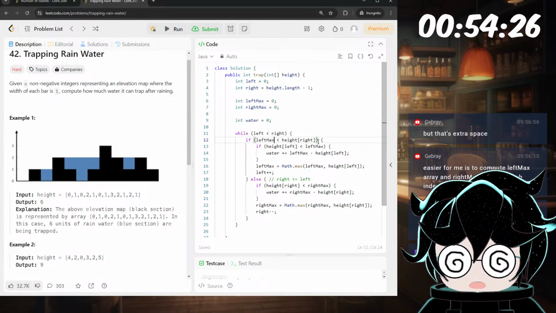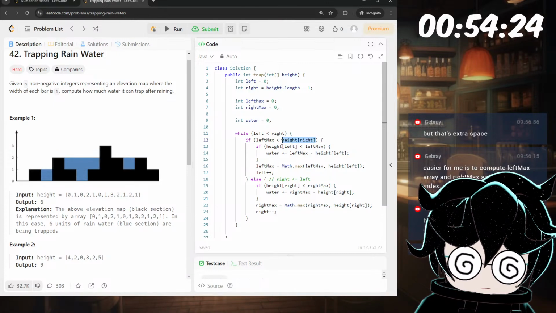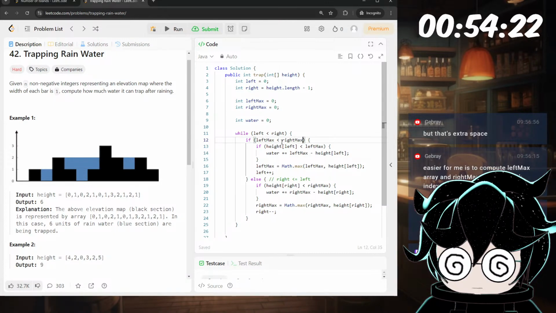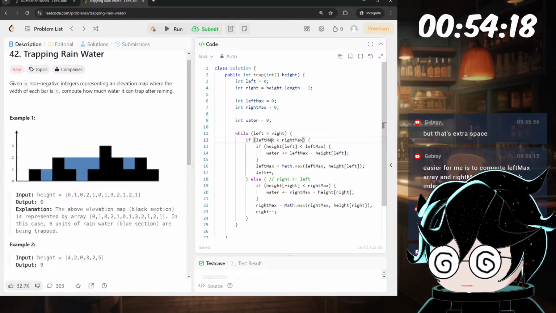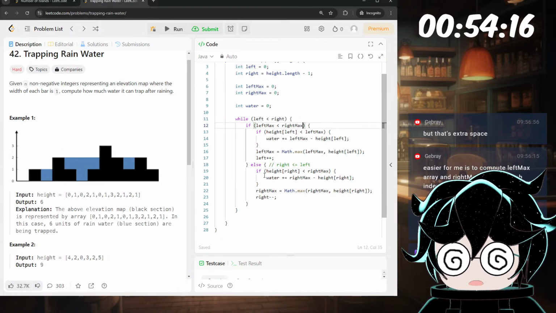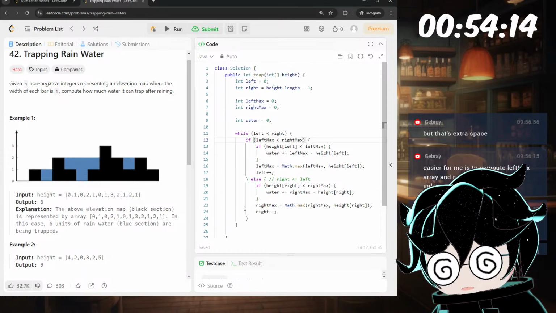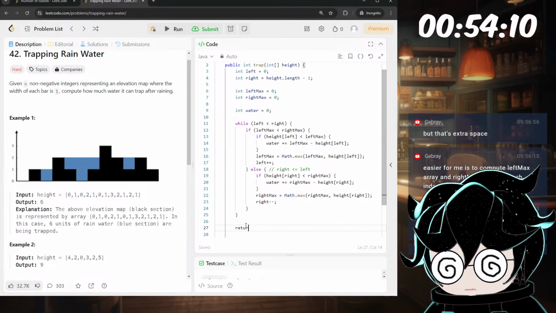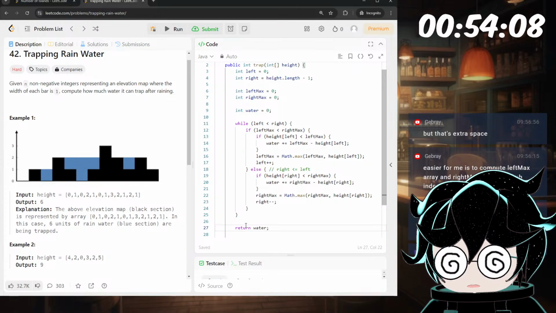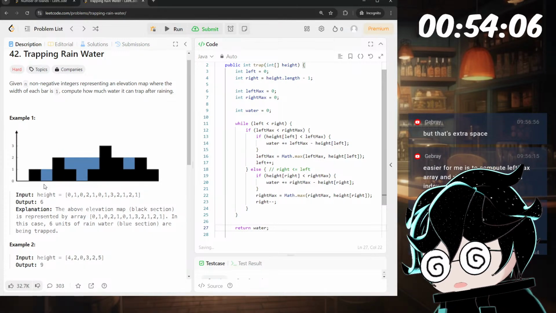Left max less than right max? Is that how it works? Okay. Return water. Let's try running through this with an example over here.